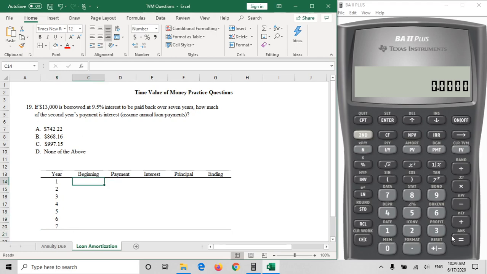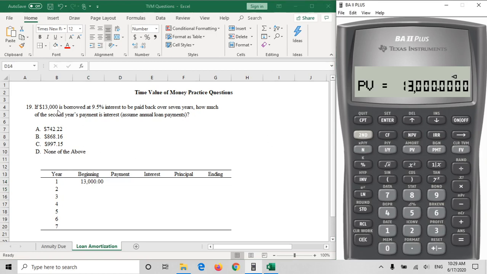So our beginning balance equals 13,000, right? That's what we borrowed. And what is your payment? Let's calculate the payment. So 13,000 we borrowed, cash inflow, 9.5% interest, and 7 years, future value equals 0, compute payment.